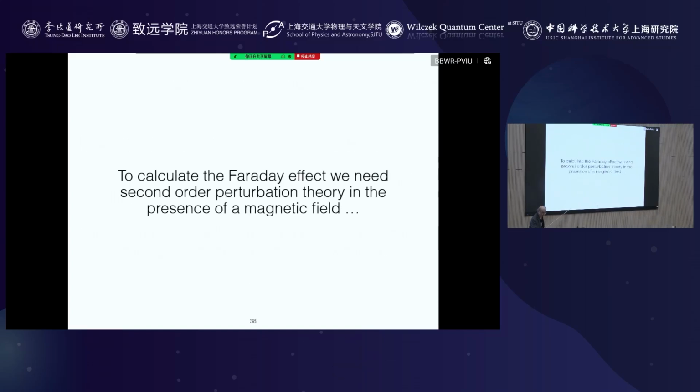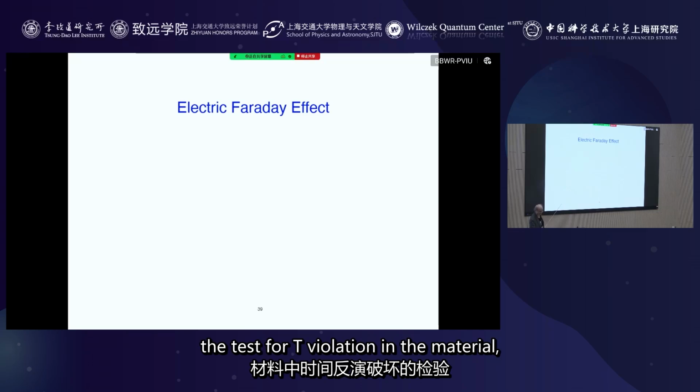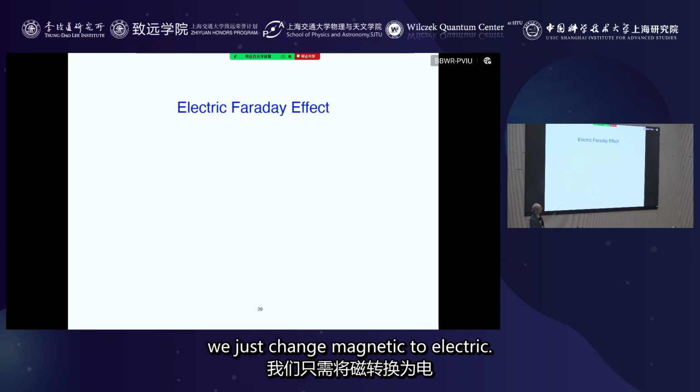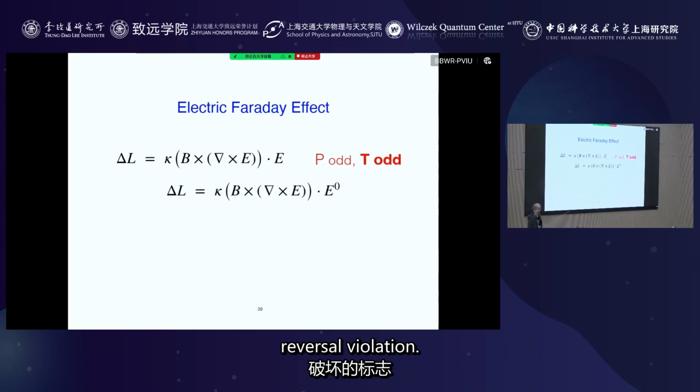And then finally, to test for T-violation in the material, we just change magnetic to electric. An electric Faraday effect would be a sign of time reversal violation.